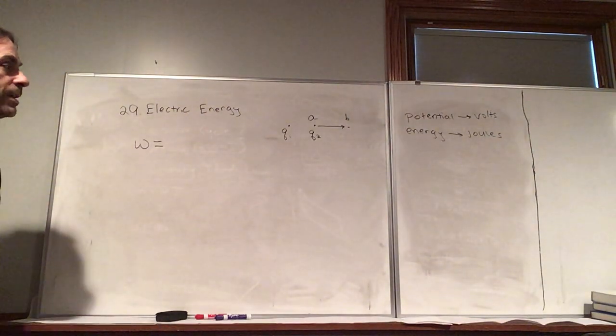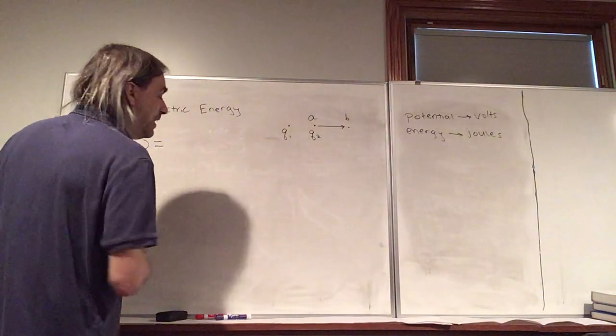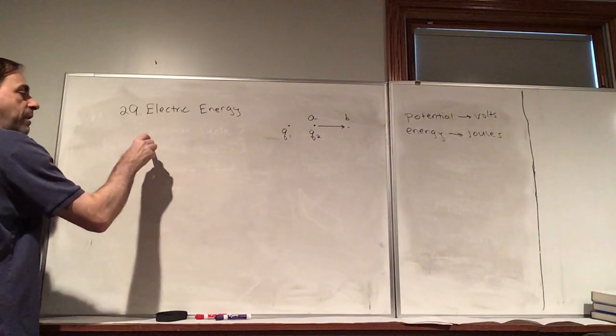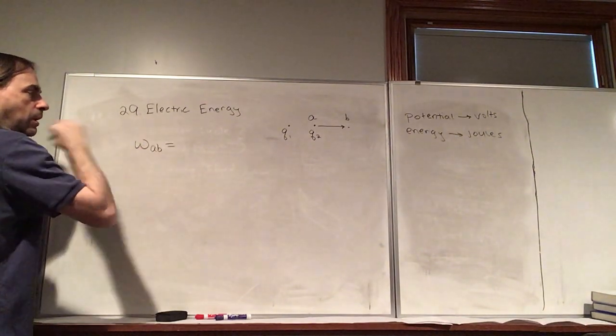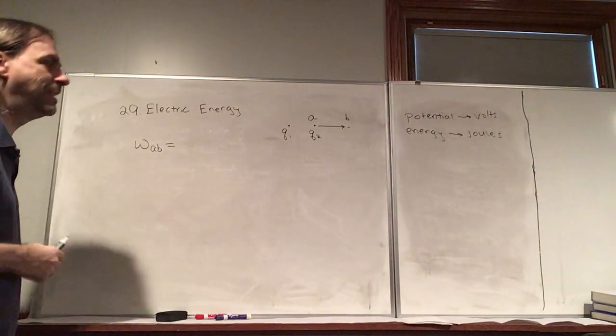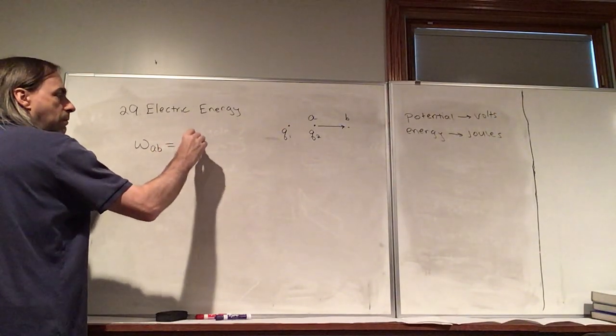So we don't have a constant force here. In an algebra-based class, what can you do? I just have to write down the answer. So the work done moving from A to B is basically the force times the distance, but I'm just going to write down the answer.